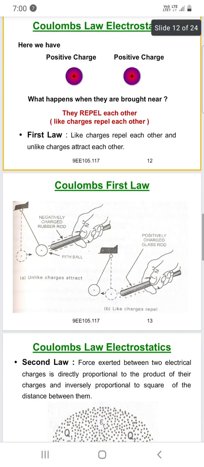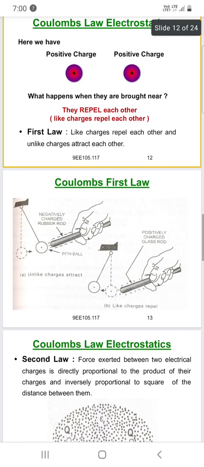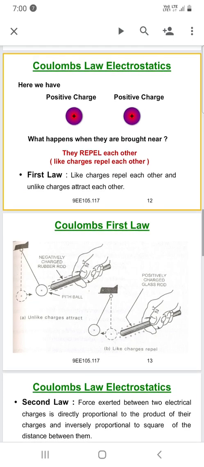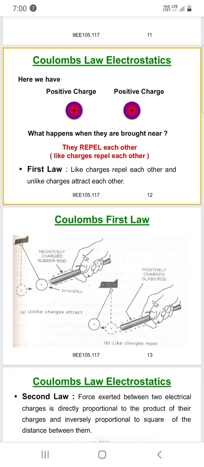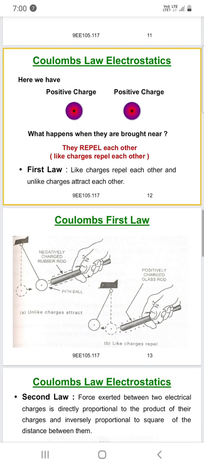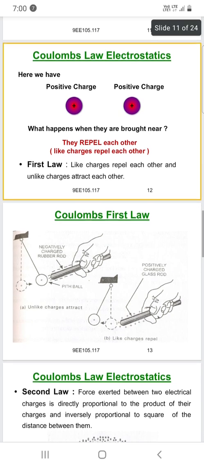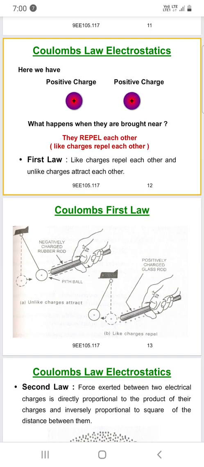If unlike charges, that is, one positive charge and one negative charge, are brought near, then the two charges attract.